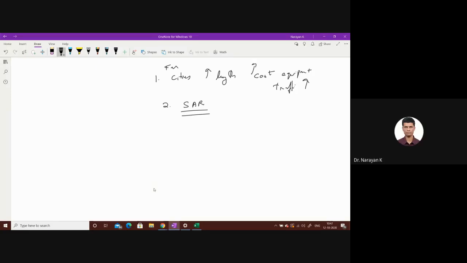Okay, there is something known as the effective height of the antenna. Again, this is there in your notes, so you can just go through this.